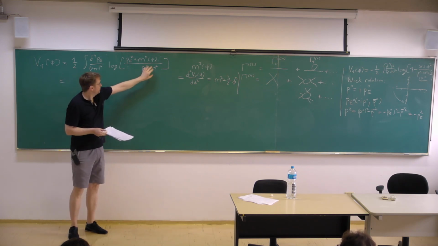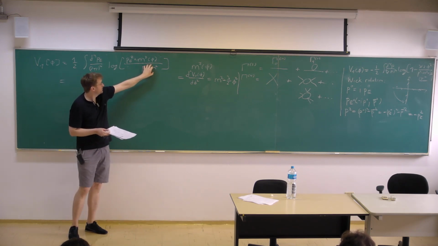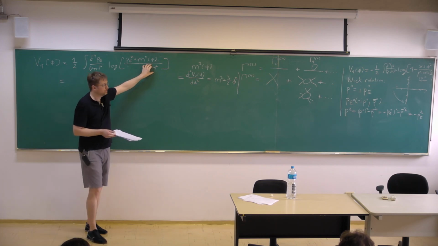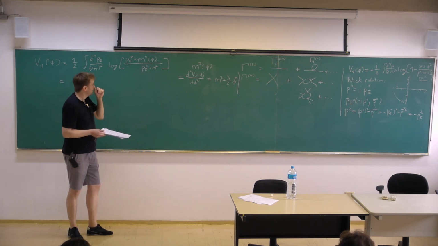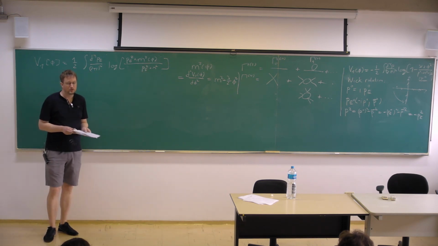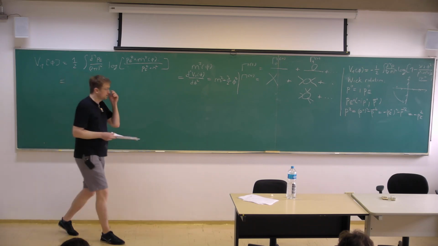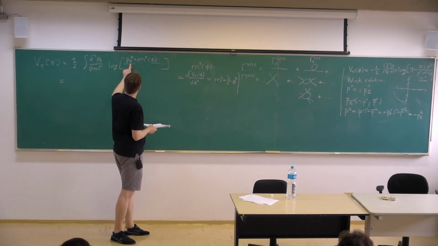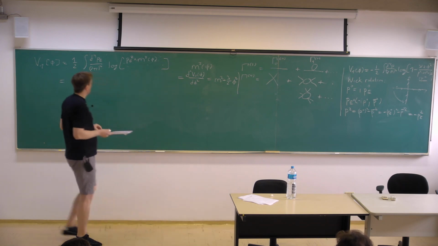But this one does not depend on the field, so it just gives a constant contribution to our potential. A formally divergent contribution, but it's a field-independent contribution which we can deal with separately. In the end, we'll also have to renormalize the cosmological constant, but we don't have to worry about this here, so we can just drop this piece. So this is what I get.